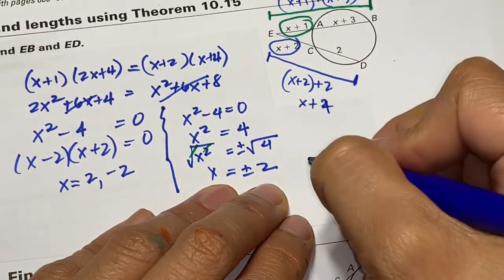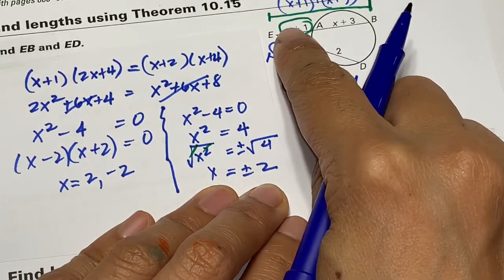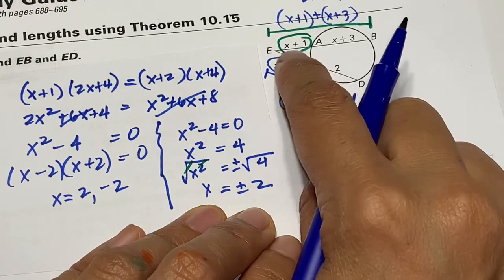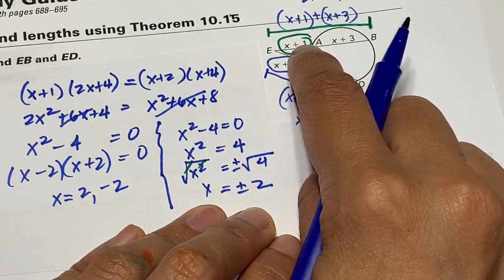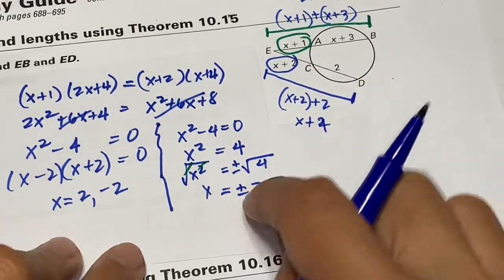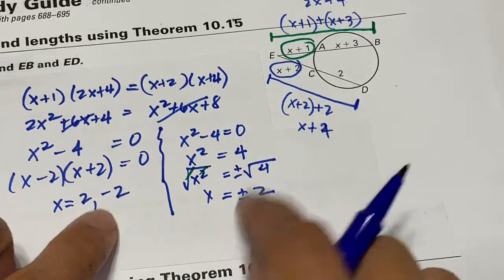If that said x squared, it would be okay because if you square a negative, it becomes positive. But it's just an x, so negative 2 plus 1 is negative 1. That's why the negative doesn't work out in this case.